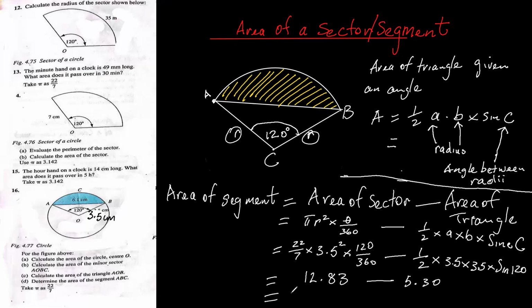Very good. 7.53 centimeters squared. And that's it, people. So now we just have to learn the area of a sector, and this will end this topic in a way.